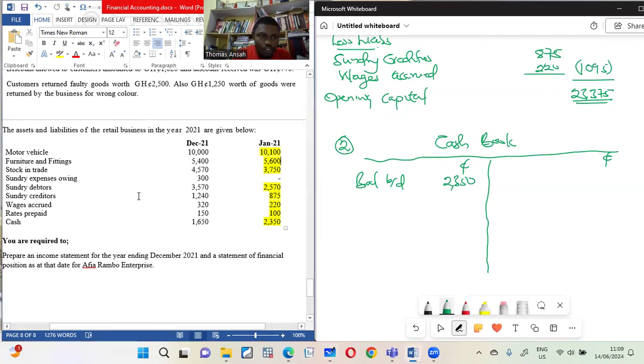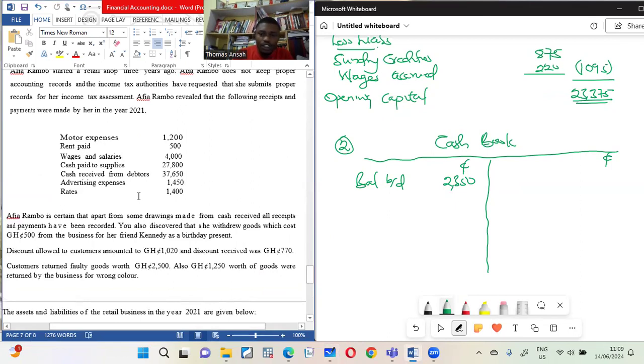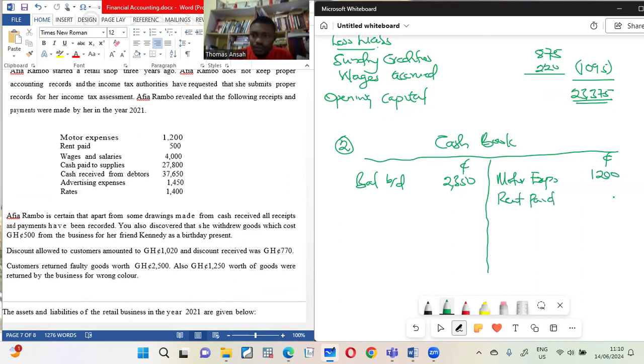Then we go to our receipt and payment. So all the expenses, they made motor expenses, 1,002. They made rent, so rent paid, 500. Wages and salaries, that is 4,000.